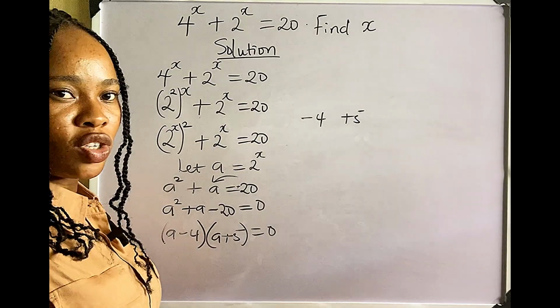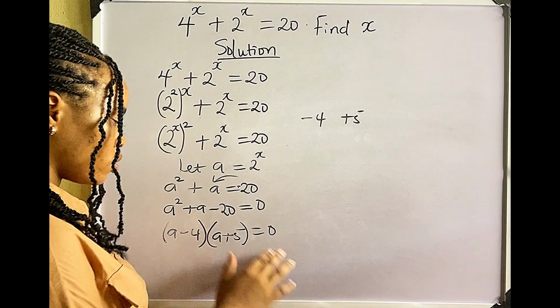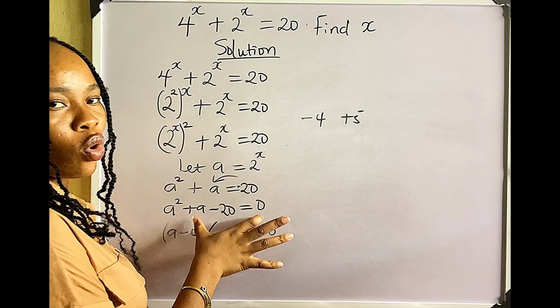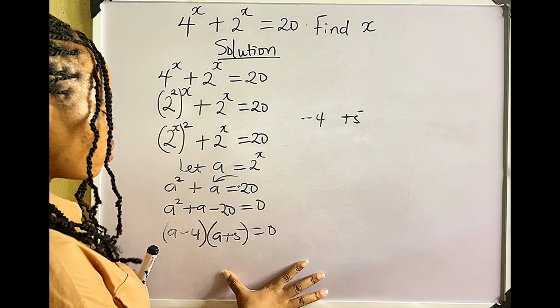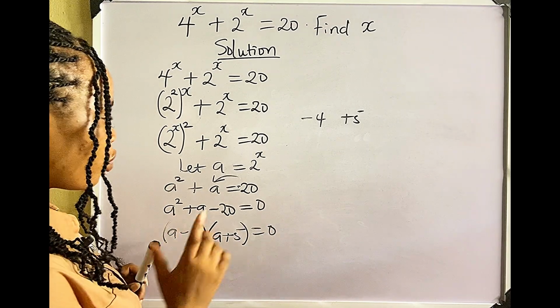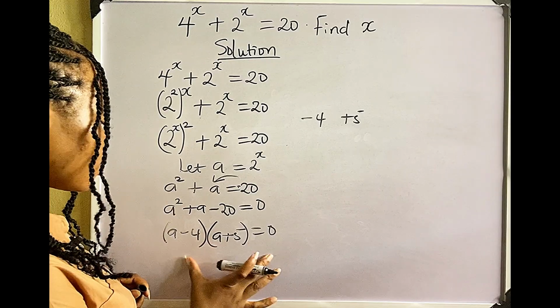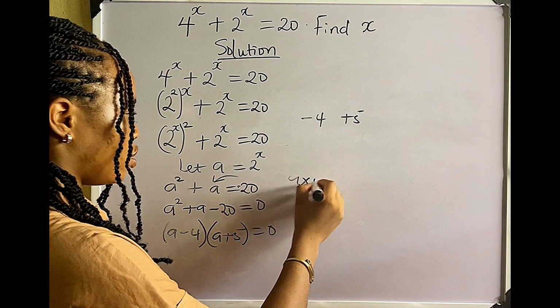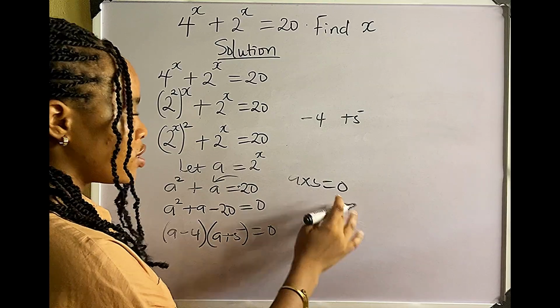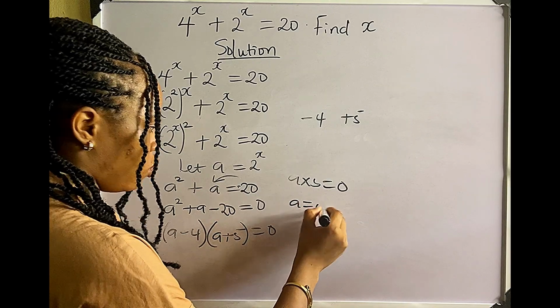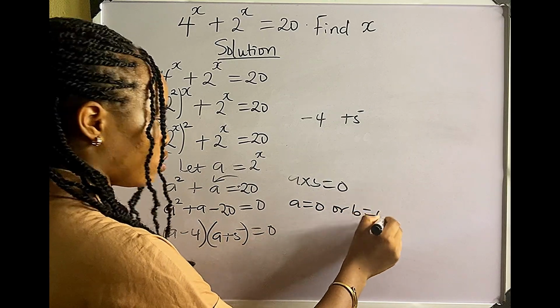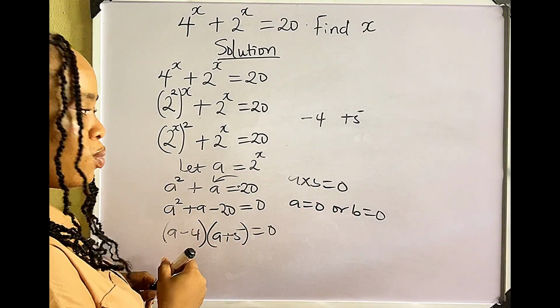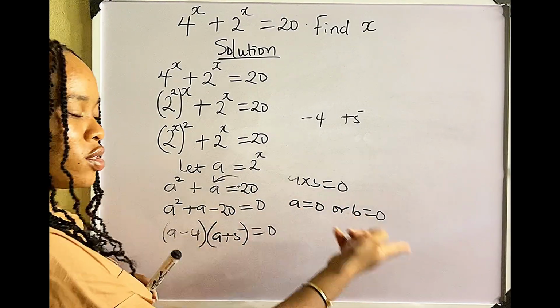So what I just did here was factorize in order to solve this quadratic equation. Now, if you recall, when you have a times b equals 0, it means that either a is 0 or b is 0; for both of them to multiply to be 0, either one of them is 0.